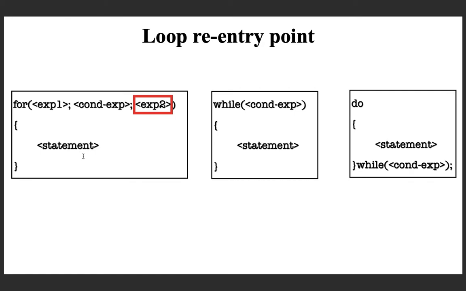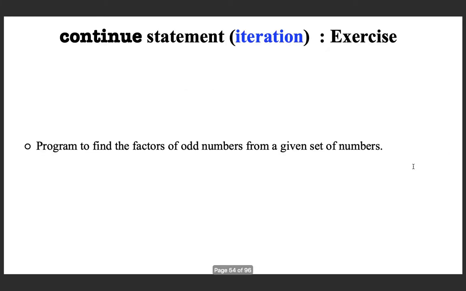So continue will take you back to this expression. In the case of while, it is here. It will take you back to the condition checking. In the case of do while, it is again the condition checking. So from somewhere here, you are jumping into this condition checking. So that's it. I hope the semantics of continue is clear.